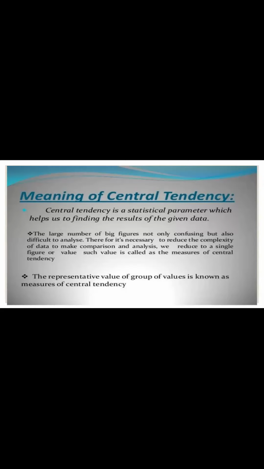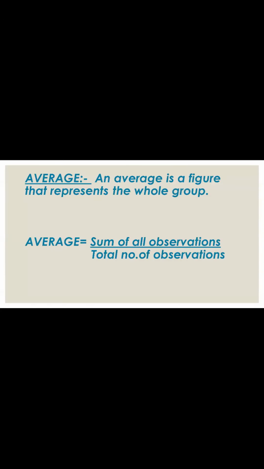Have you understood the meaning of central tendency? Yes, ma'am. Basically, an average is a figure that represents the whole group. Average is calculated by the sum of all the observations divided by the total number of observations.